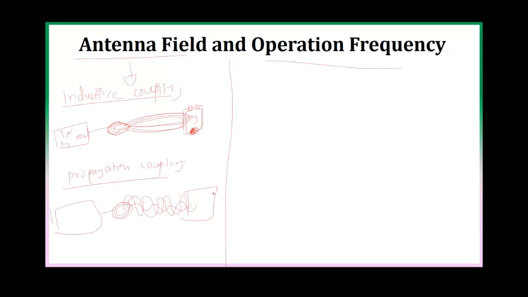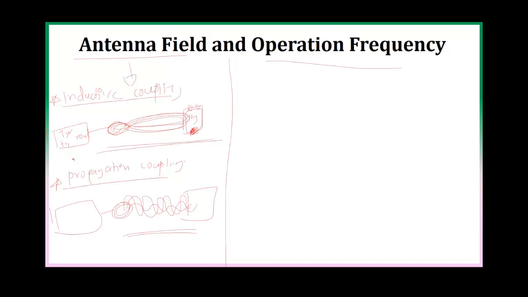Okay, in inductive coupling you're doing this passively, and in an active tag propagation is generally preferred, but we cannot say surely that this is for active and this is for passive. It depends on the application and how much distance you want to cover.